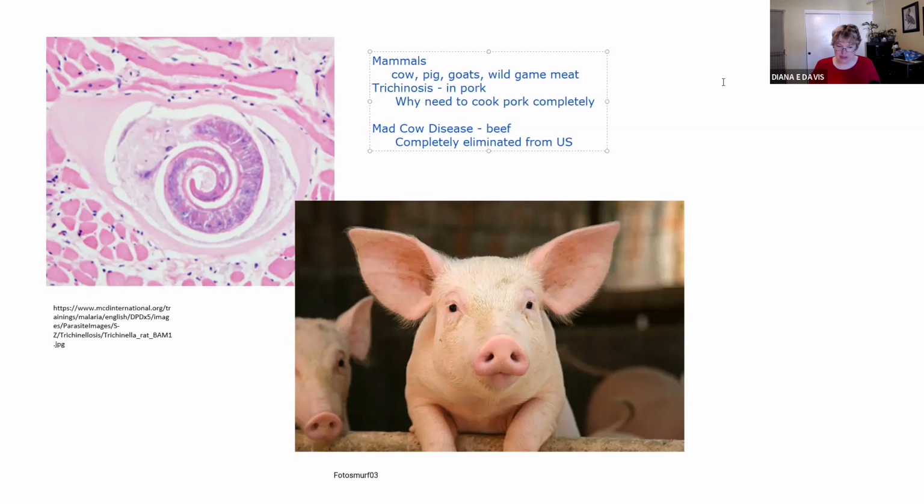Swine flu was a form of flu. Flu is a very interesting virus because the flu that infects pigs can also infect humans and birds. The bird flu can infect pigs and humans. Human flu can infect pigs.